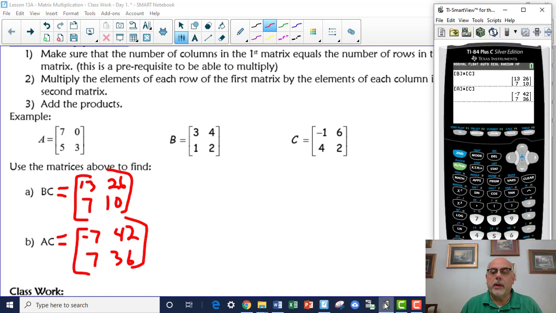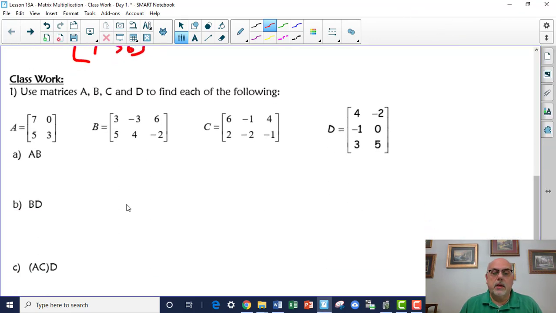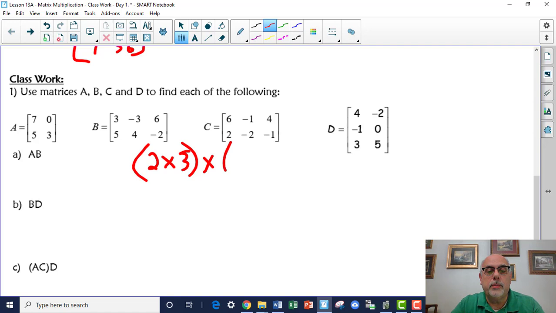So let's talk about what happens on the calculator if you go and multiply two matrices that you can't multiply. Let's take a look at this. Let's say we want to multiply matrix B times matrix C. So B is a 2 by 3 times a C that is also a 2 by 3.